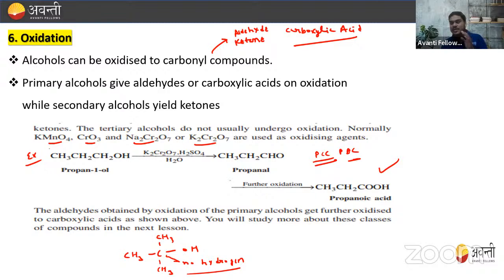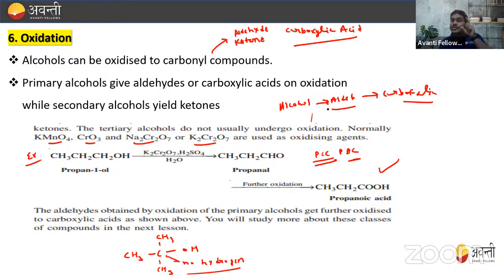Now, if we want to stop oxidation at aldehyde, because we know that alcohol goes to aldehyde, and from aldehyde to carboxylic acid, now you want to stop the reaction at aldehyde level only.